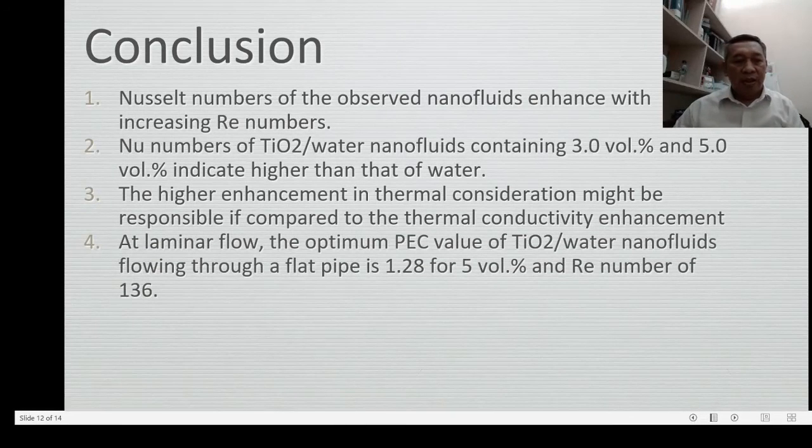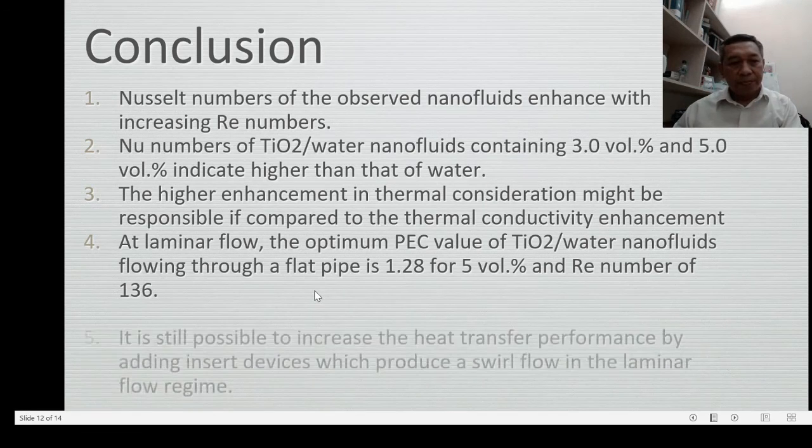And the fourth one: at laminar flow, the optimum PEC value of TiO2 water nanofluids flowing through a flat tube is 1.2845, at a volume percent and a Reynolds number of 136.